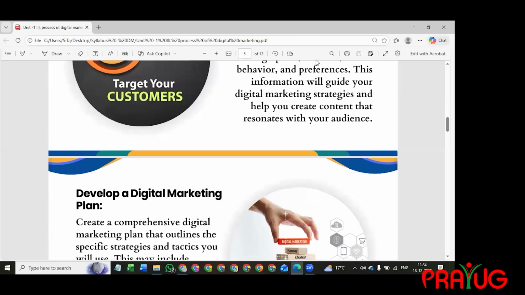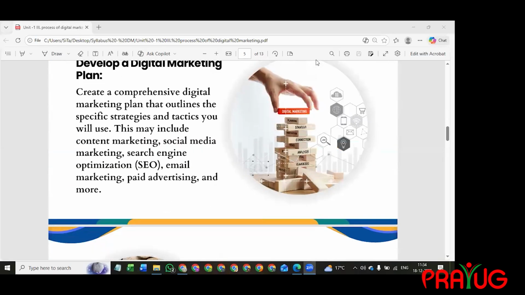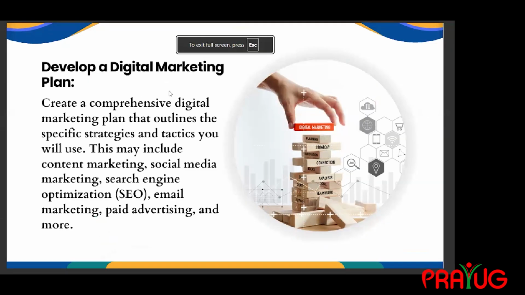Okay. So to create a proper digital marketing plan, we'll have to focus on a few steps, right? To create a comprehensive digital marketing plan that outlines what strategies and tactics we'll use to promote my products or to increase my brand awareness.